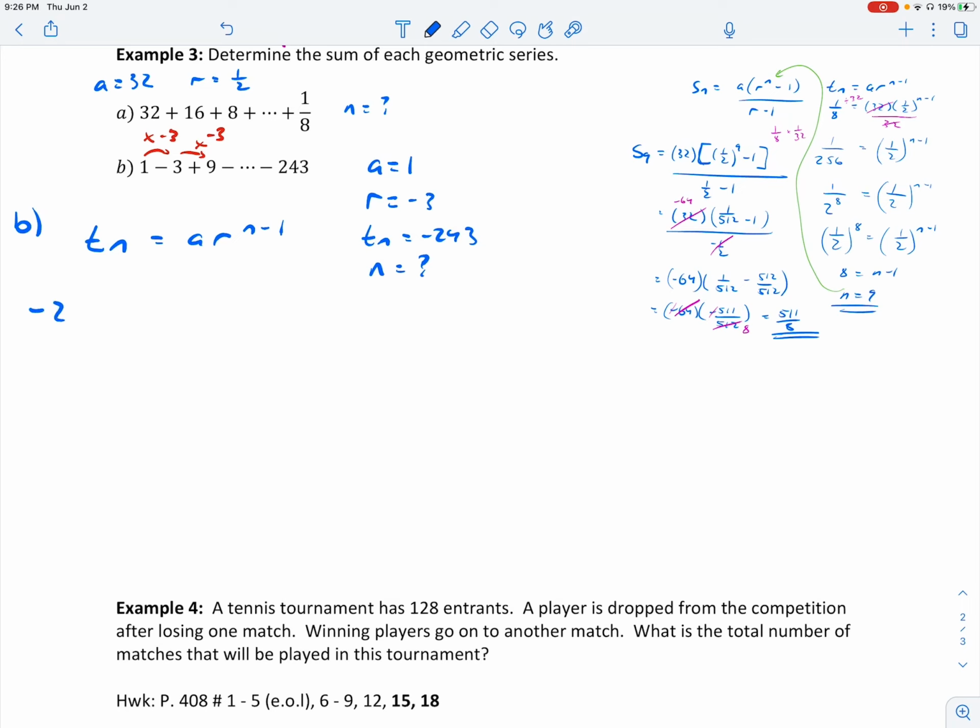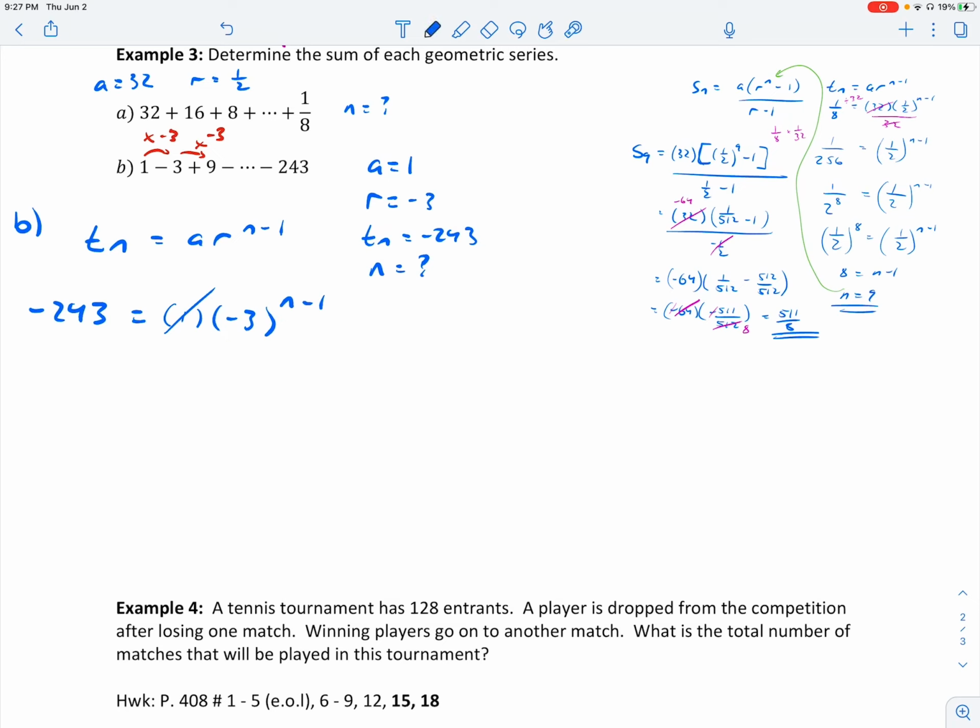So negative 243 equals a is 1, r is negative 3. I don't know the exponent, but I will pretty soon. So it's real easy. The 1 here, might as well cancel out. It doesn't mean anything. So we kind of have everything written the way we need to. So I like to rewrite this as a base of negative 3.